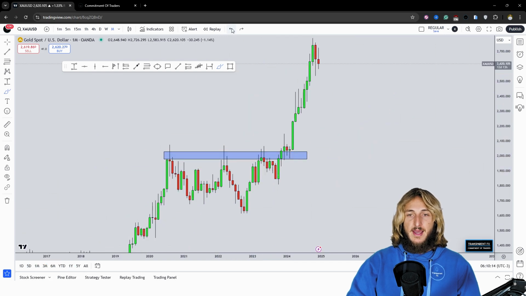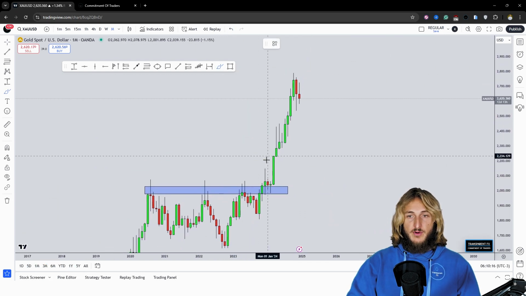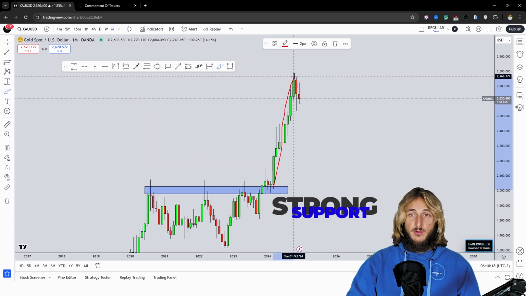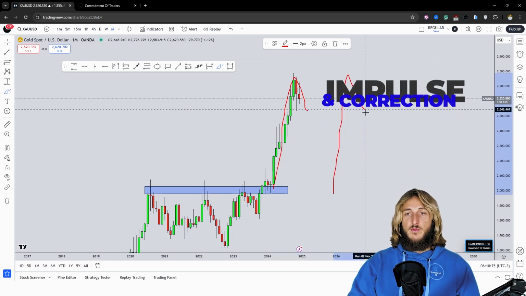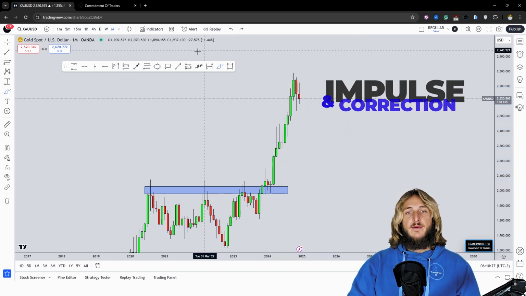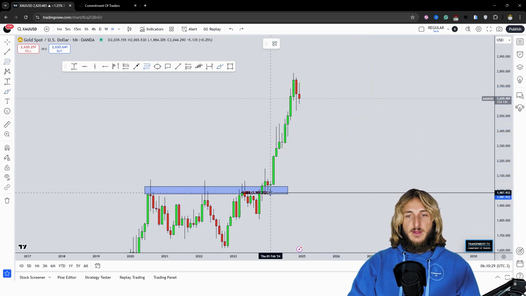So right now what we have is a rejection away from historical support in the form of this very strong impulse, and now already the start of a correction. Now in general, after an impulse, if you want to measure the correction, you have to take your Fibonacci from the low to the high of the impulse leg.